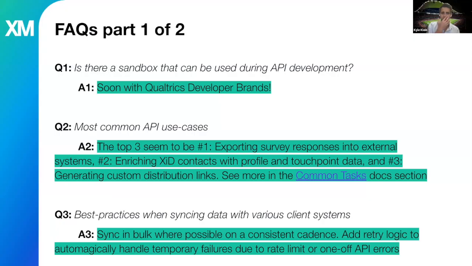First off, we'll cover: is there a sandbox that can be used during API development? This is a great question. If you are a Qualtrics partner and you have a shared sandbox brand that you use with other developers from your company, you can obviously use that.